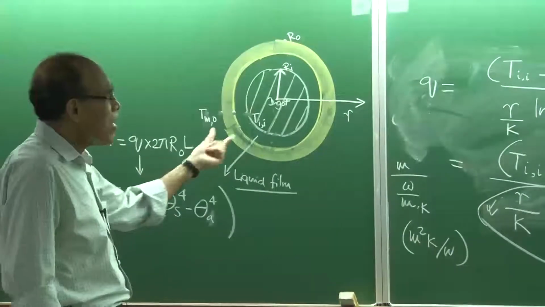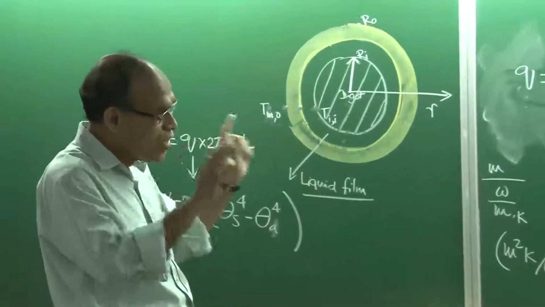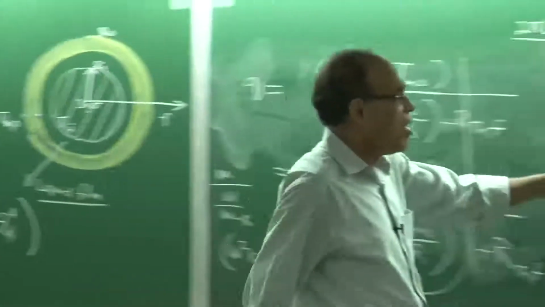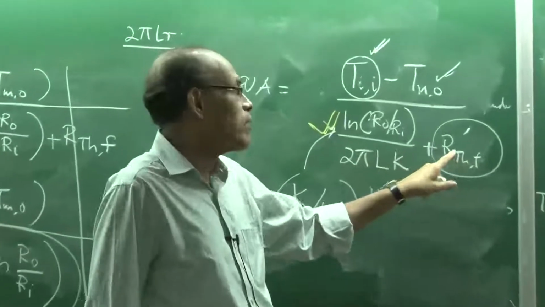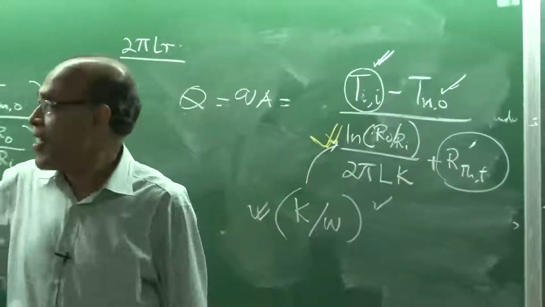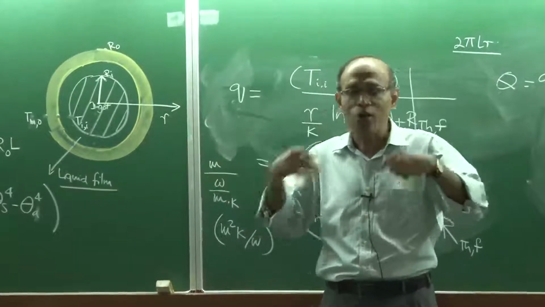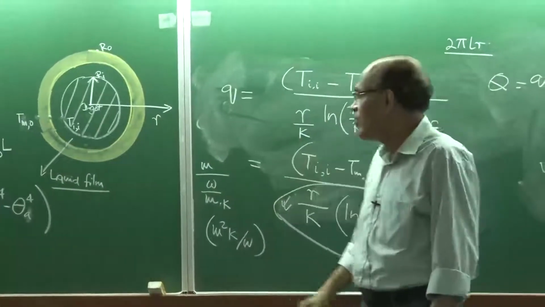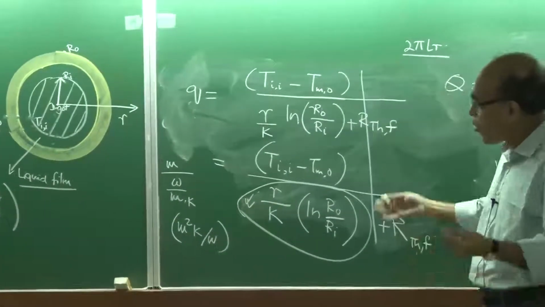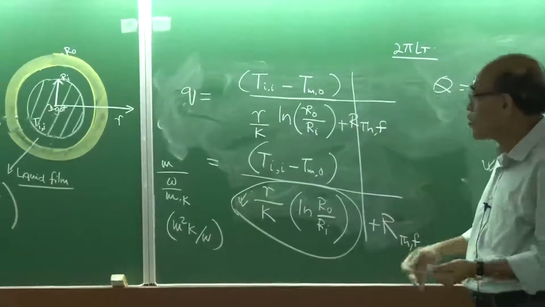I just wanted to say that a rough estimate of the thermal resistance offered by the film can be calculated by making certain measurements on the mold itself, and this can be used to calculate the rate of heat flow, the complete solidification time, and so on and so forth.